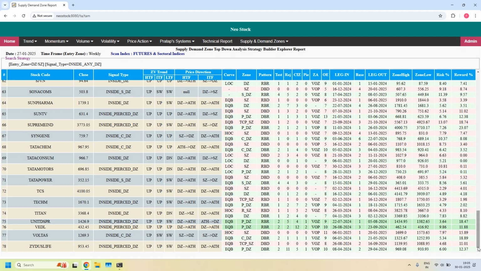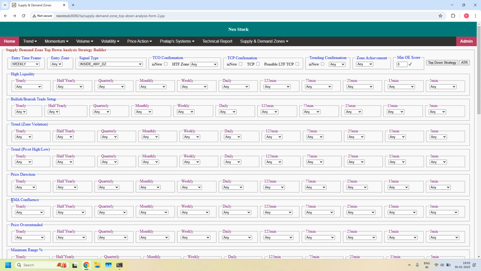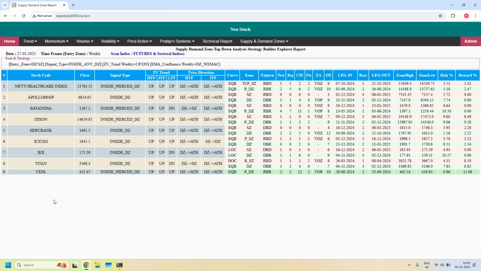Okay, out of these 78, how many of these weekly demand zones are having weekly EMA confluence? Let's verify. In the EMA confluence parameter at weekly time frame, I am setting the filter weekly demand zone having weekly EMA confluence, and trend on weekly time frame should be either up or down. So with these filters, out of 78, we got 9 stocks. So these 9 weekly demand zones are having weekly EMA confluence.